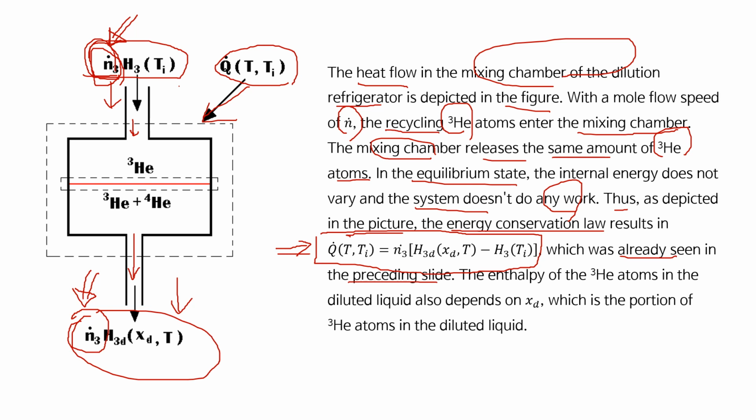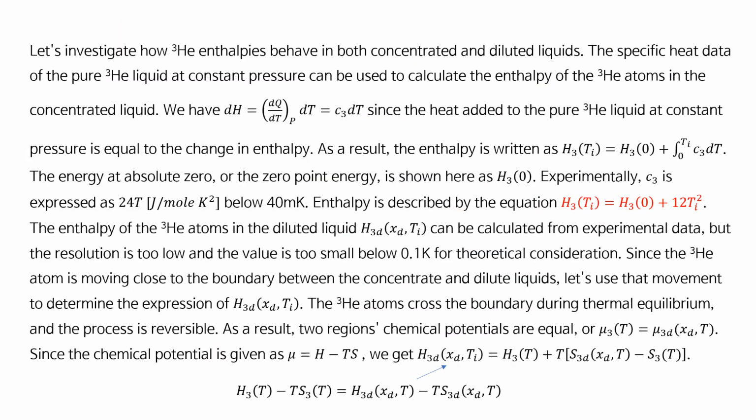The enthalpy of the helium-3 atoms in the dilute liquid also depends on XT, which is the portion of helium-3 atoms in the dilute liquid. Let's investigate how helium-3 enthalpies behave in both concentrated and diluted liquids.